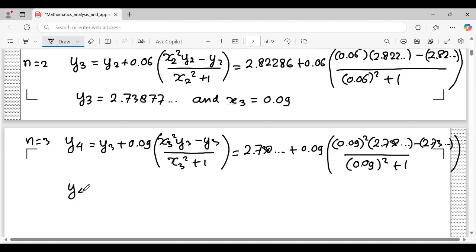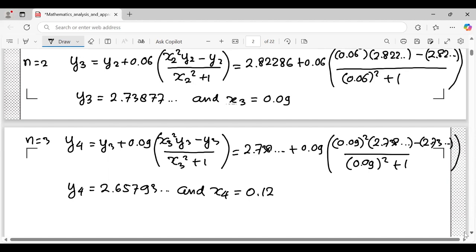And if you calculate y4, the result is 2.65793 and x4 is 0.12.